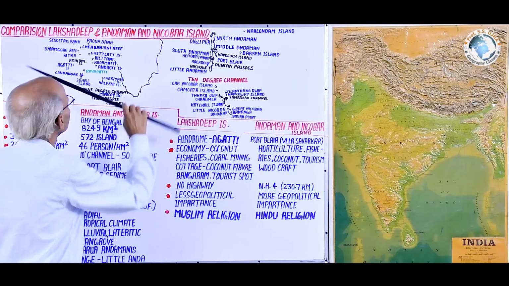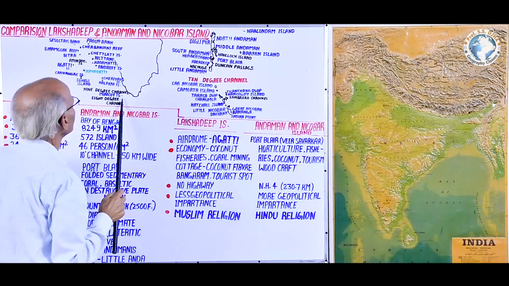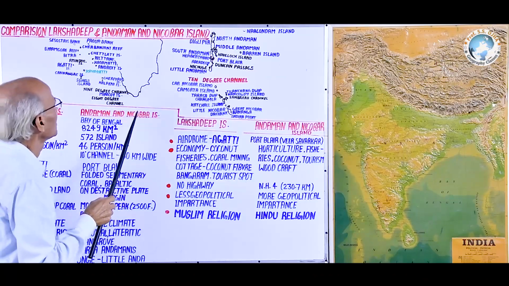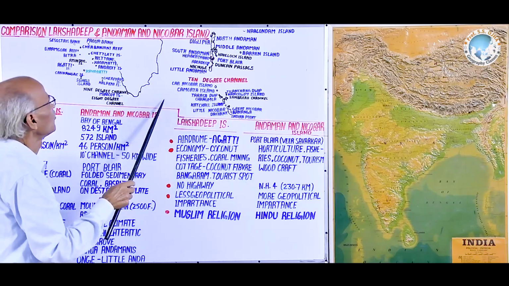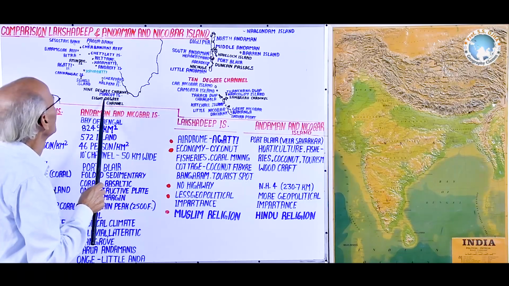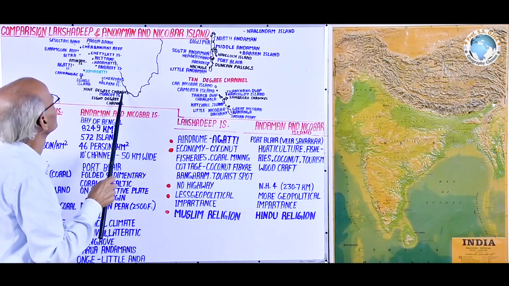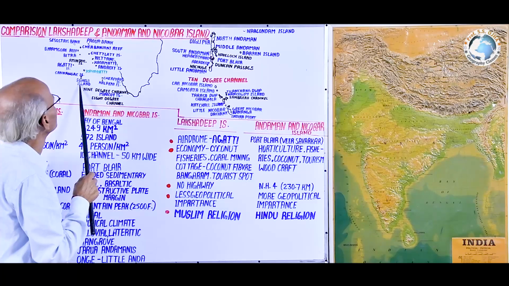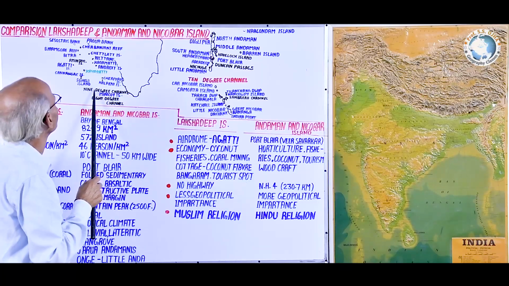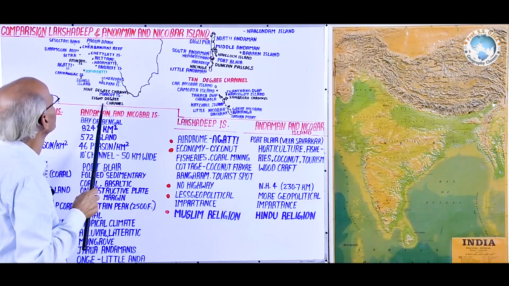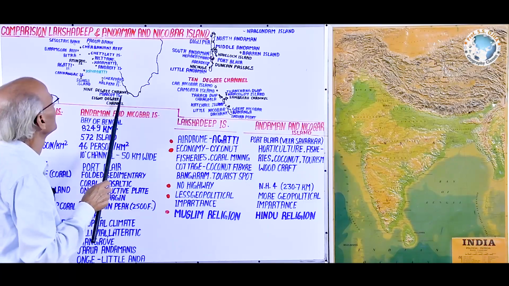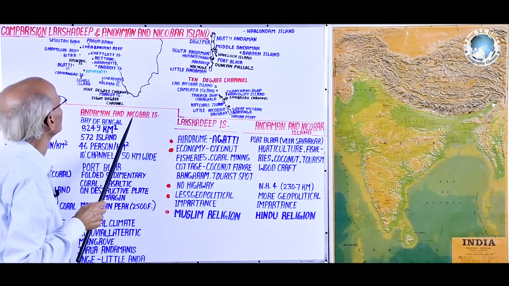To its south it is the 8-degree channel, in which water of the Indian Ocean moves from east to west, and along the 9-degree channel water also moves from east to west. Between the 9-degree channel and the 8-degree channel it is Minicoy Island of Lakshadweep.